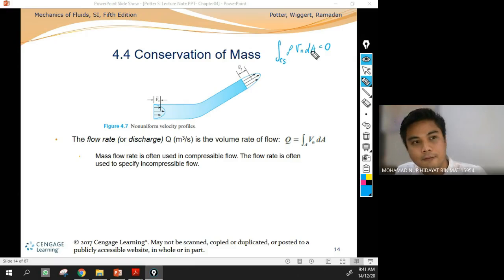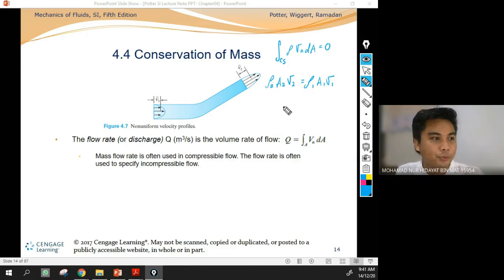This is the steady flow. So because of the one entrance and one exit, we solve rho 2, V2. Oh, this is not the V. A first. A2 V2 equal to rho 1 A1 V1. Right? So here, the flow rate is the volume flow rate.